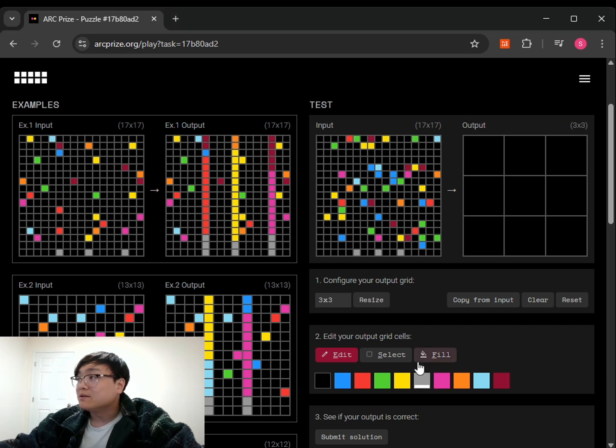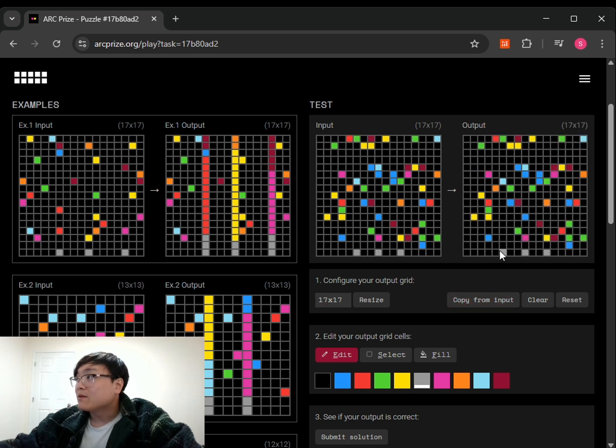Like okay, so I'm guessing this gray one would keep going up until it hit this blue one, and then this blue one will keep going. And maybe like this.